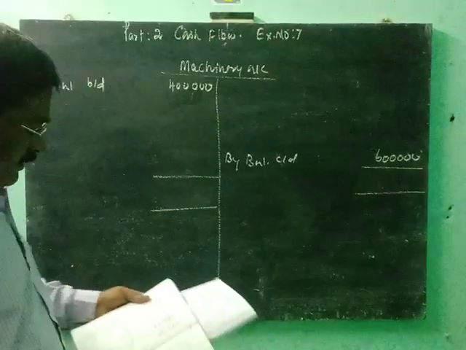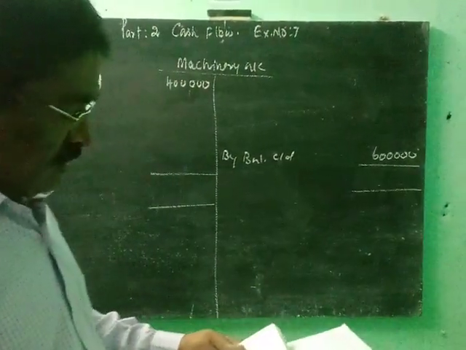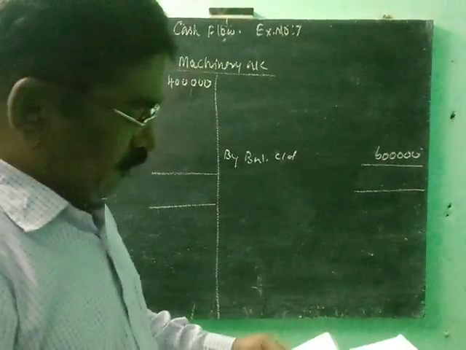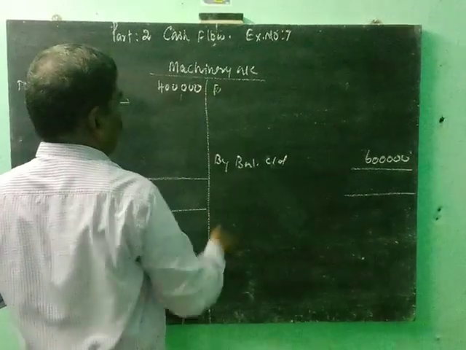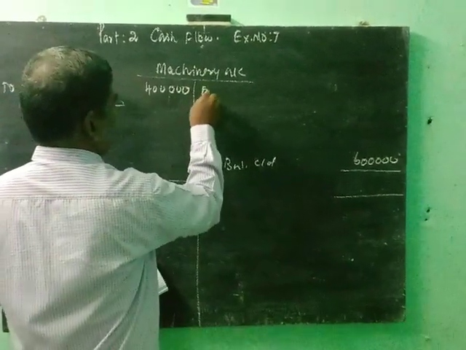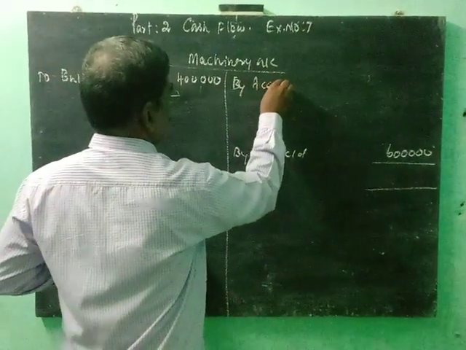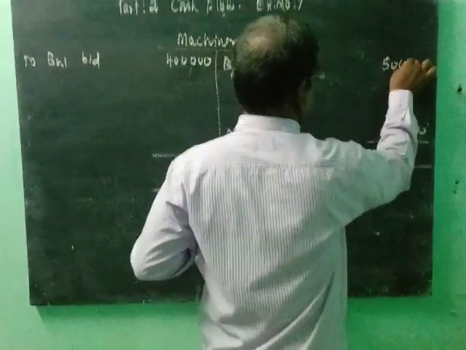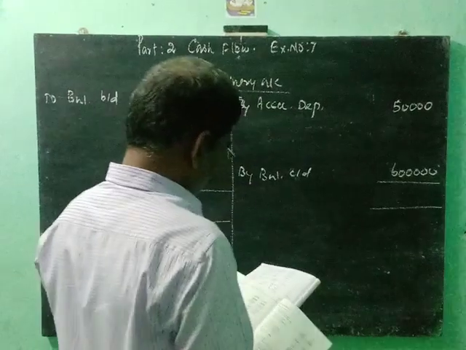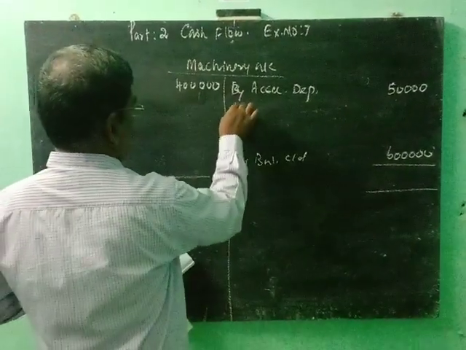Okay, so in additional information, machine costing 80,000, on which accumulated depreciation 50,000. So accumulated depreciation, that is charged 50,000, and sold for 20,000.